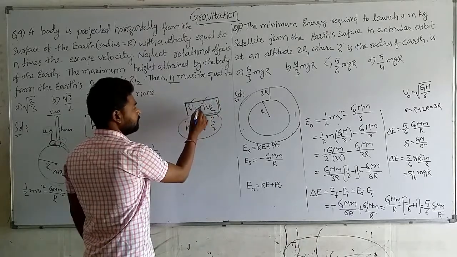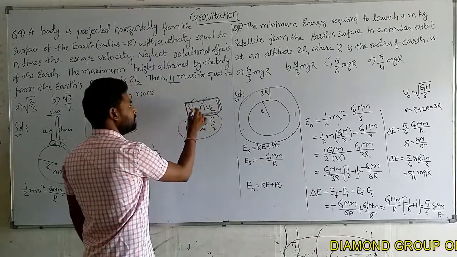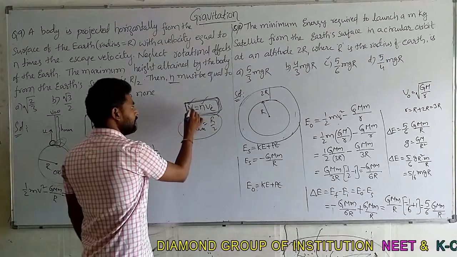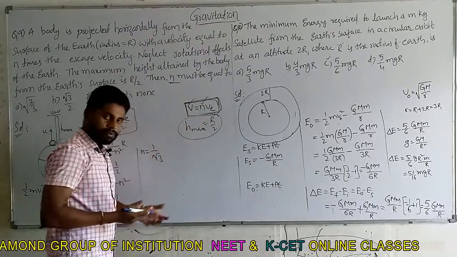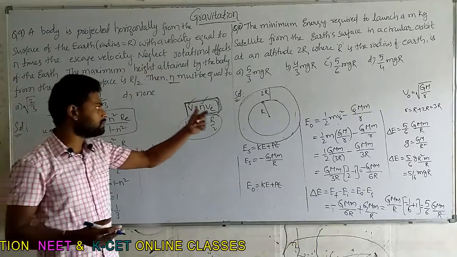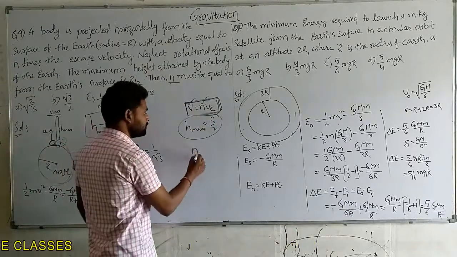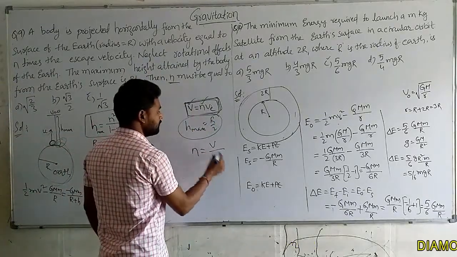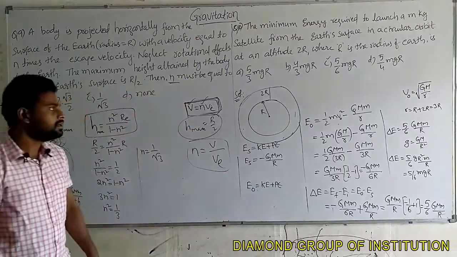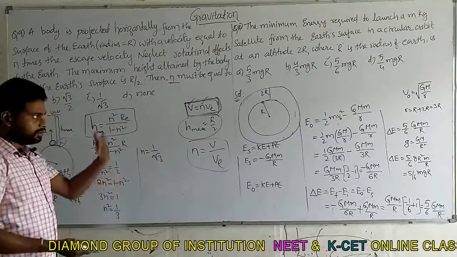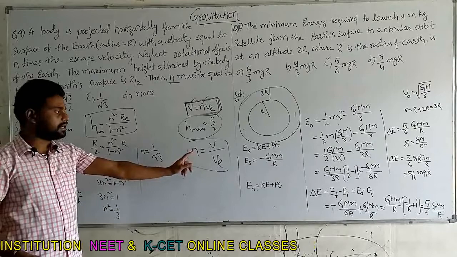Velocity equal to n into v_e, they have given already. The n will give the relationship between the projected velocity and escape velocity.